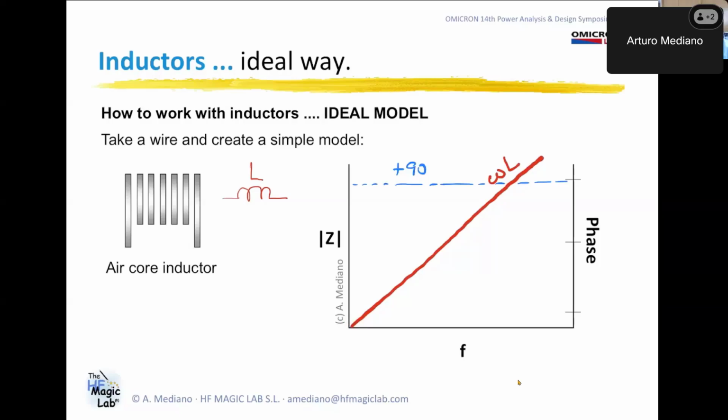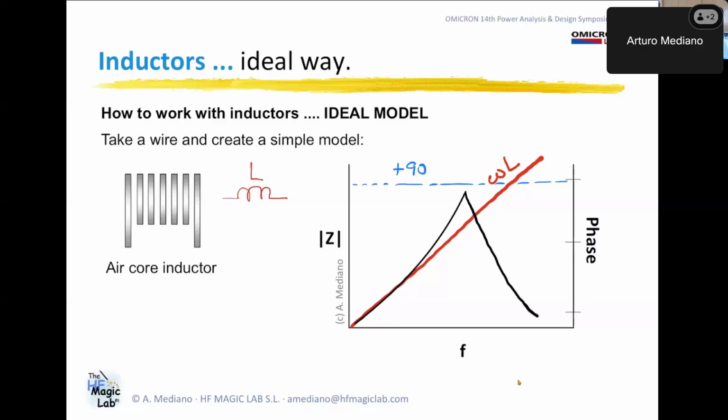What happens in a real inductor? In a real inductor, we can plot something like this. In some specific low frequency range, the inductive effect in the real component matches the value of the ideal component, and at high frequencies the component starts to decrease the impedance. The decrease in impedance is because of a capacitive effect.